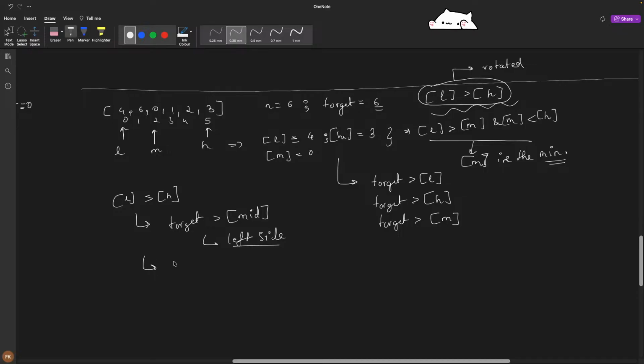But what if target is less than mid? But then also it could be on the left side.